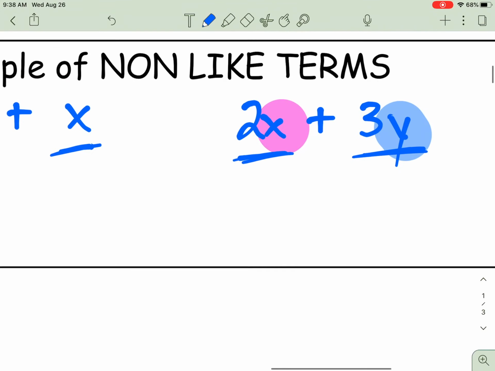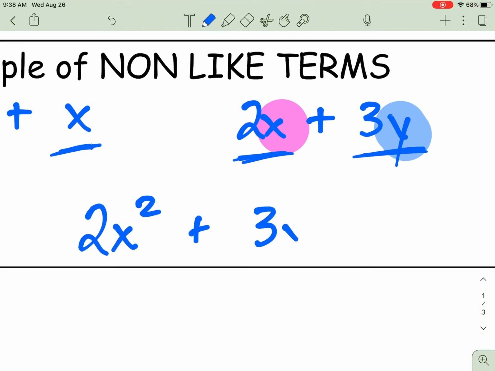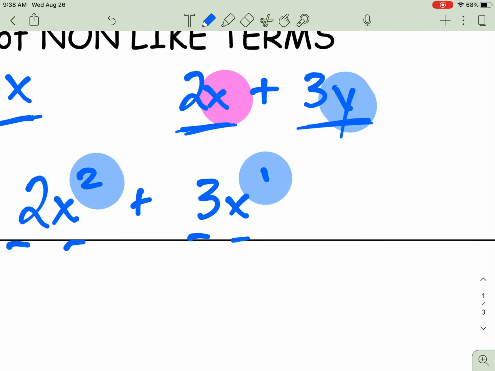All right, here's one that's even more complicated. 2x squared plus 3x. They both have a coefficient, they both have an x, but notice the difference. This one has an exponent of 2. This one has an imaginary exponent of 1. So these are not like terms. You cannot combine those.